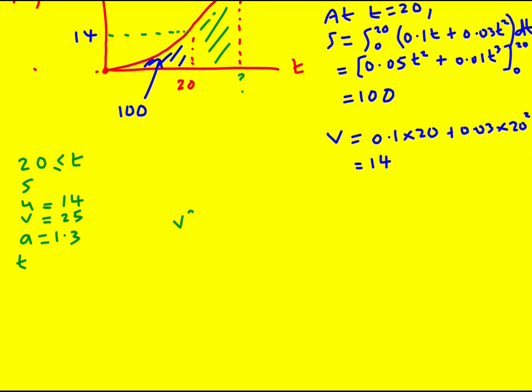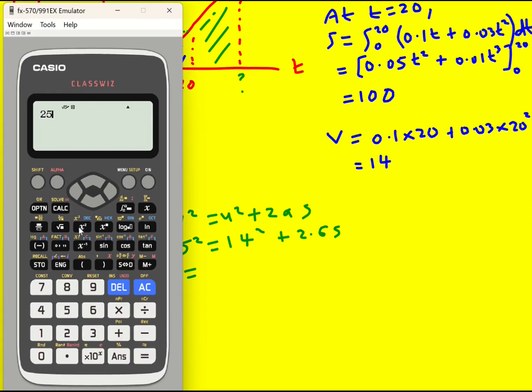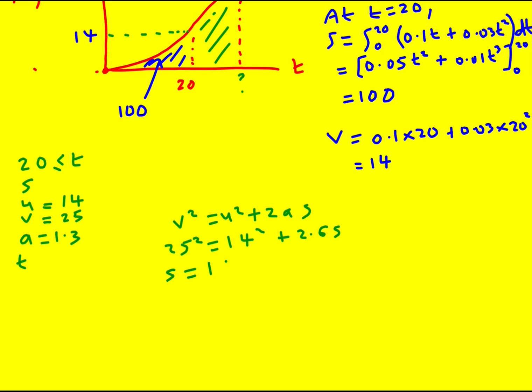So v squared equals u squared plus 2as, the one not involving time. 25 squared is 14 squared plus 2.6s. Which gives 165.